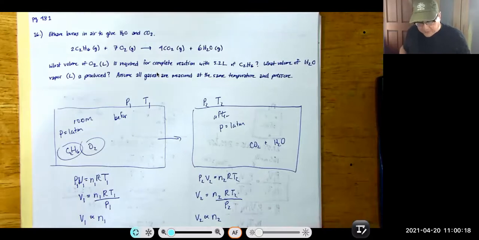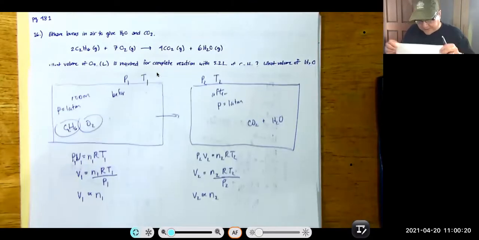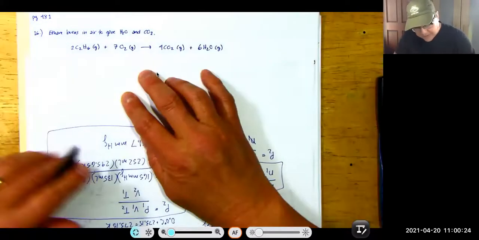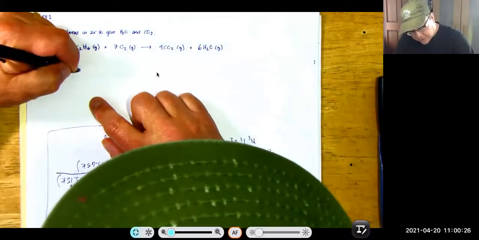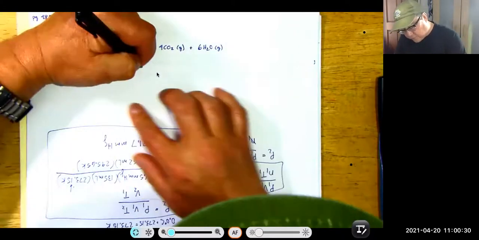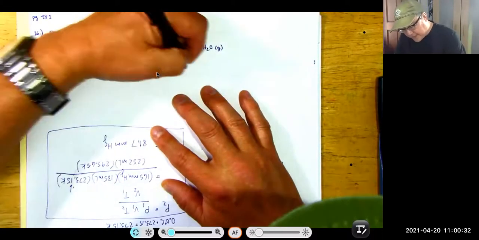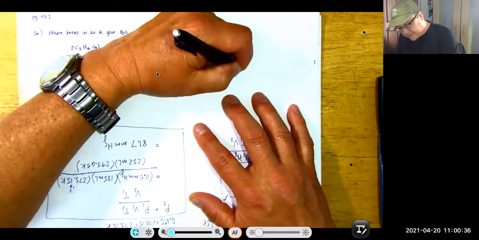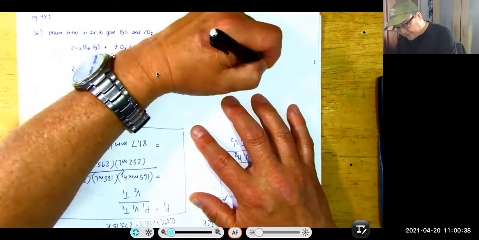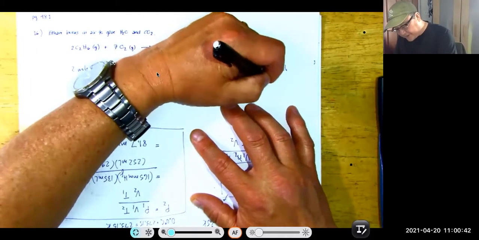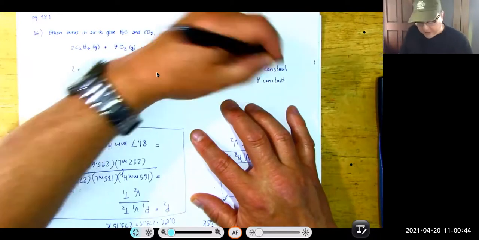So how does that help us with this reaction? Well, for this, we normally think it's 2 moles reacts with 7 moles to give you 4 moles and 6 moles. But because T is constant and P is constant, they don't change.